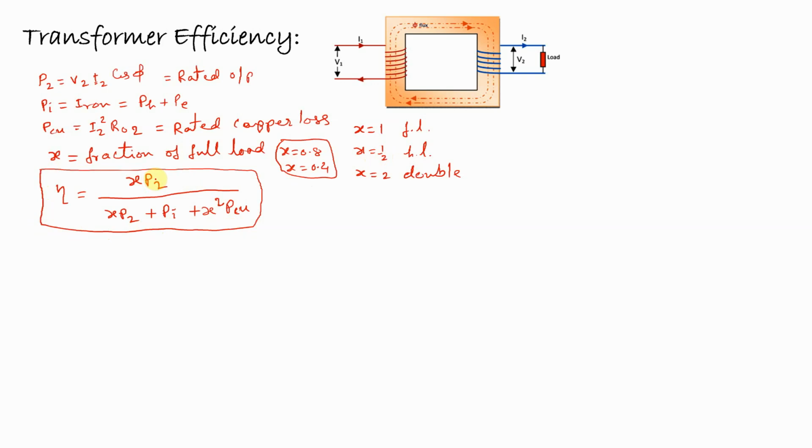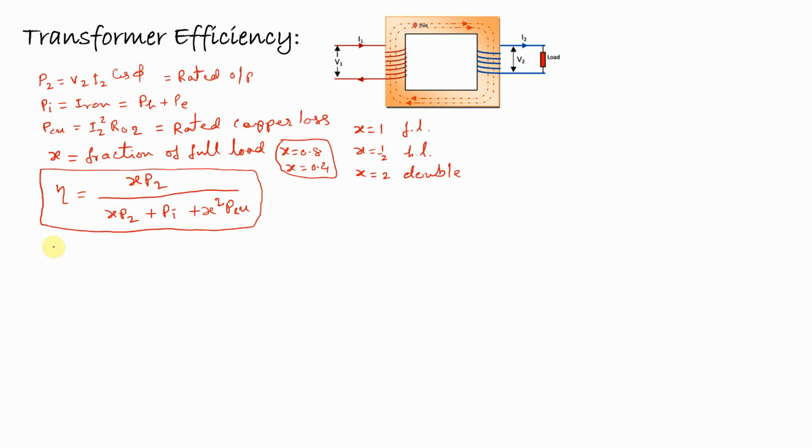To calculate the efficiency at 75% of the full load, we'll put X equal to 0.75 and so on. So basically X is the variable, and the efficiency of the transformer will also depend upon the load.